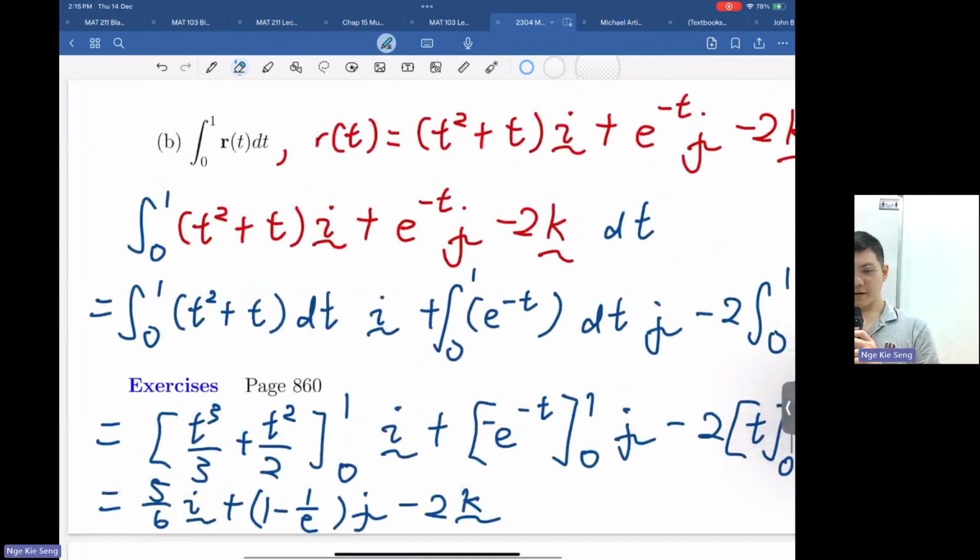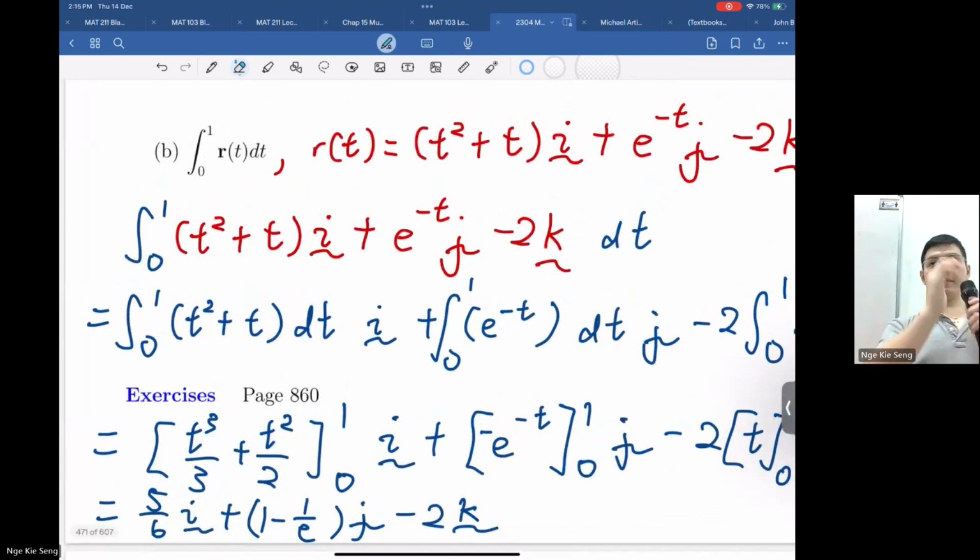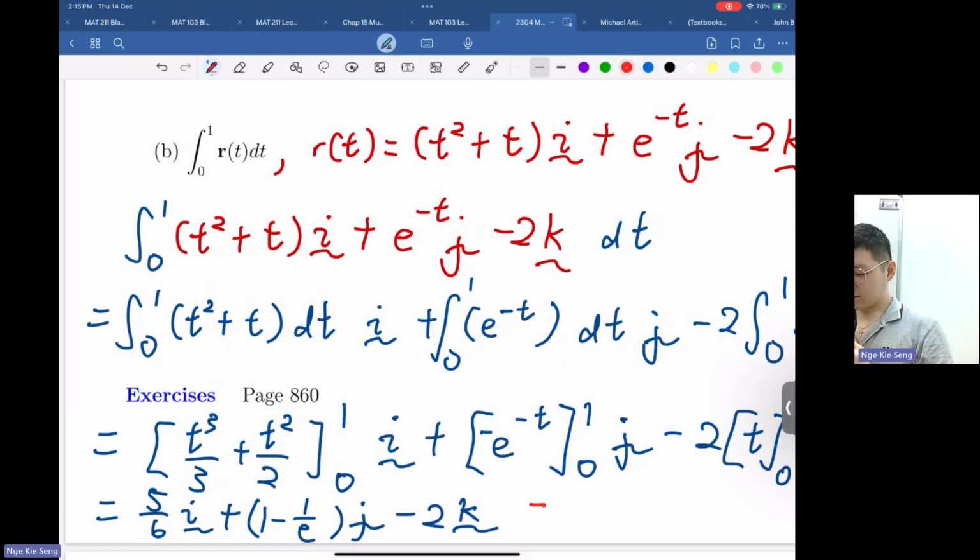5/6. Good. Second coordinate? What do you get? Wait, let's check. Minus 1 minus e over e, like this. You got an extra minus than me. Should it be minus 1 plus e or minus e?